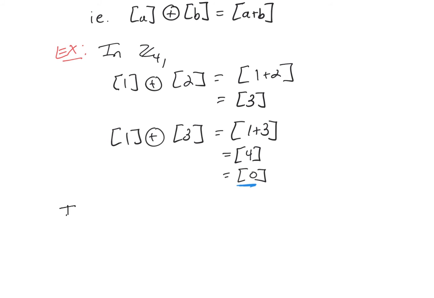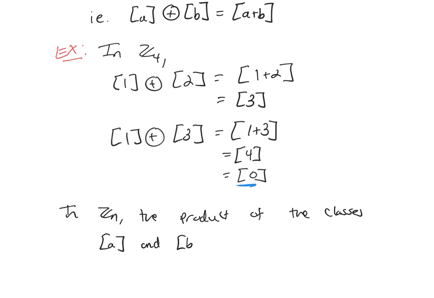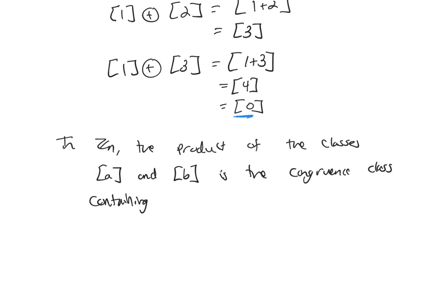Okay? We can also define a product in a similar way. So in Zn, we can say the product of the classes A and B is the congruence class containing, again, you can take those two integers A and B and we can multiply them and look at the congruence class of that number.